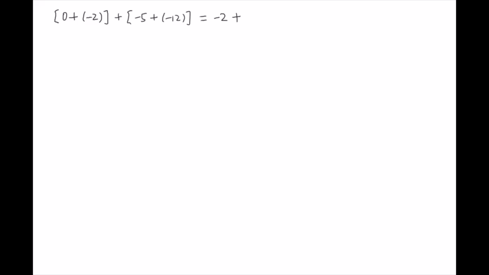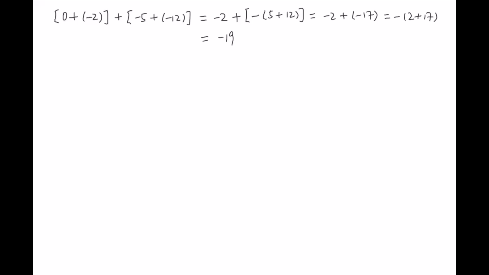And according to the property of the opposite of a sum, this one is negative (5 plus 12) equals negative 2 plus negative 17 equals negative (2 plus 17) equals negative 19.